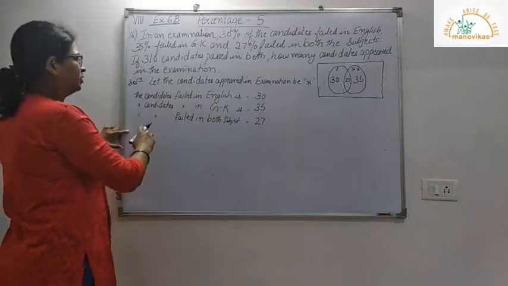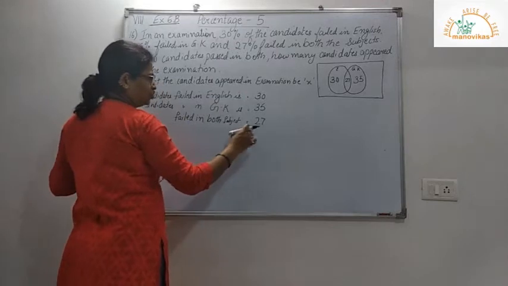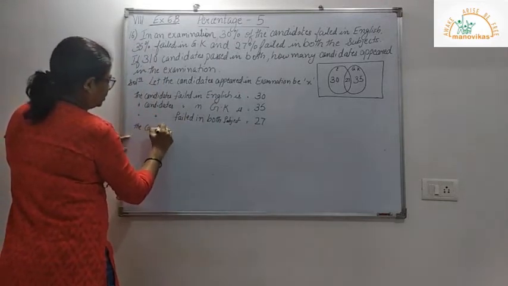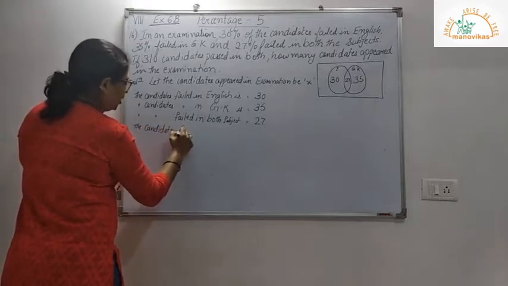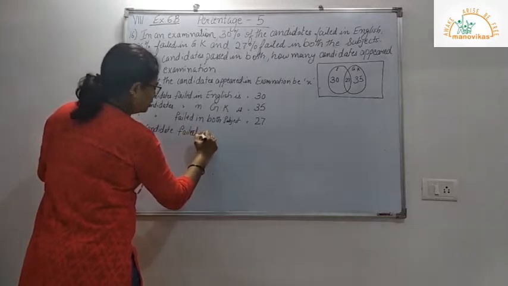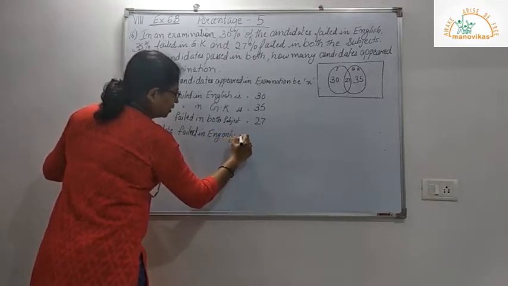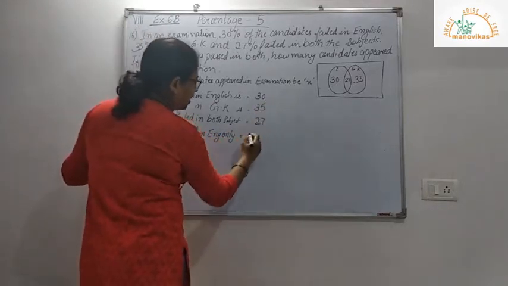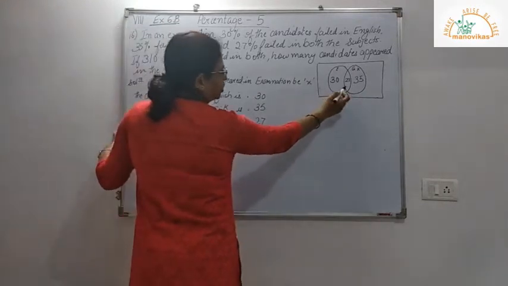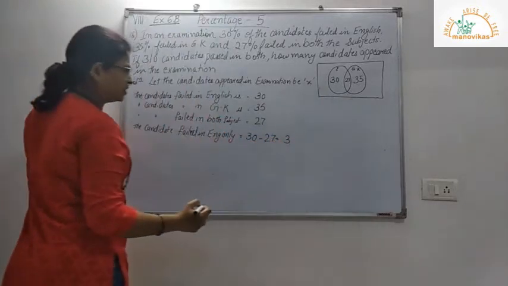Now the candidate failing only in English is, English we have 30 minus 27, that gives you 3%.